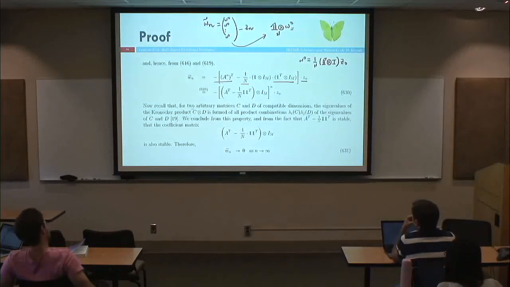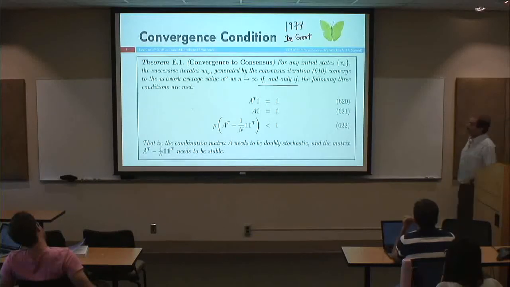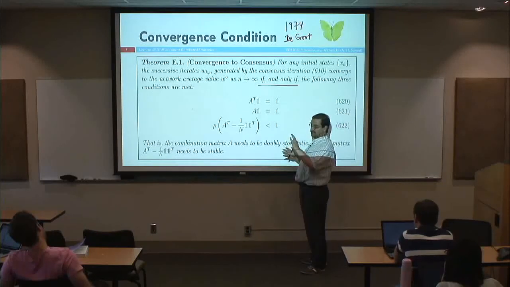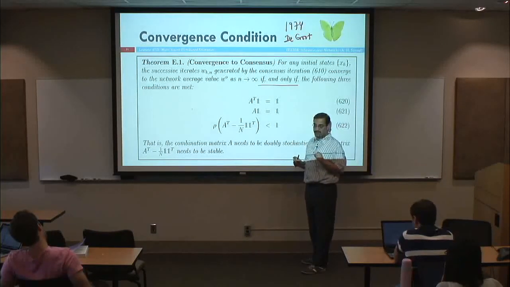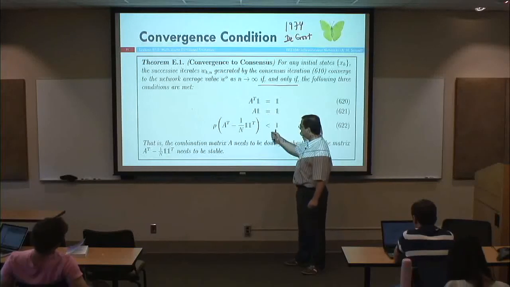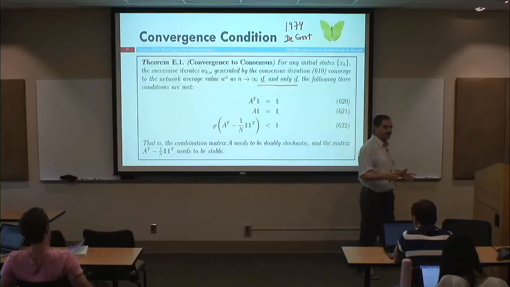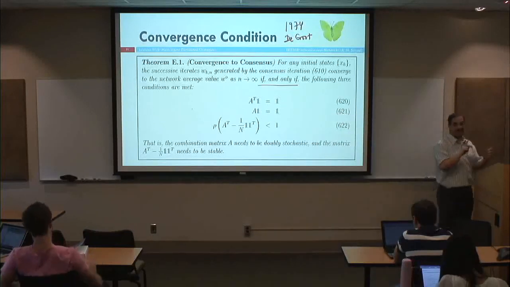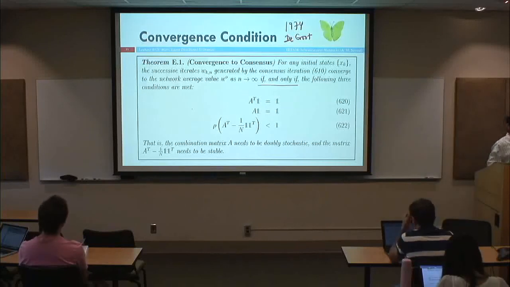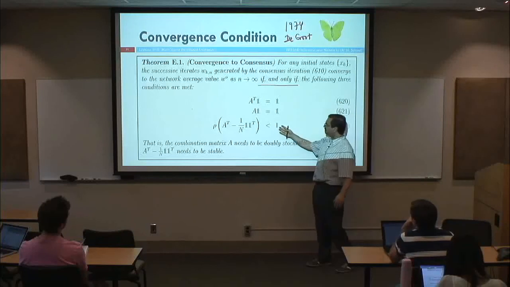So if I go back to the statement, this is what we proved, that the consensus iteration converges if and only if these 3 conditions hold: A is doubly stochastic, and the spectral radius of this rank 1 modification of A is strictly less than 1. And this is if and only if.